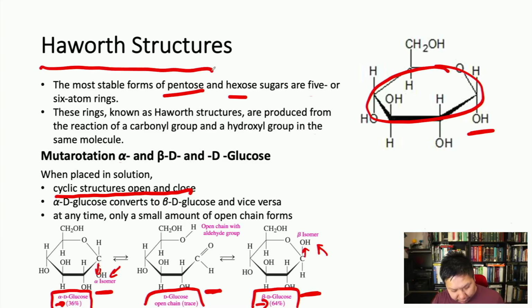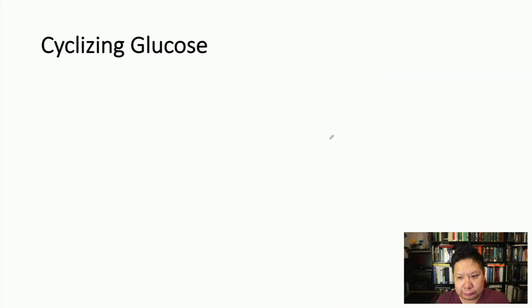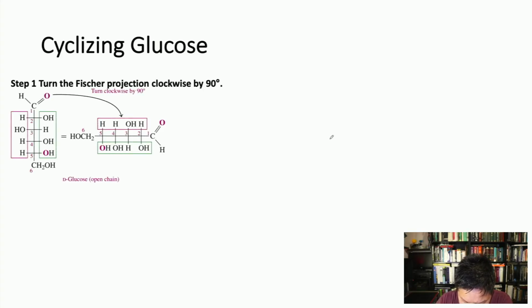So how do we draw Haworth structures? How do we know where things go? Well, let's take a gander. How do we turn a straight open-chain sugar into a Haworth structure? Well, quite simply, the first thing to do is to rotate that open-chain sugar 90 degrees clockwise, right?